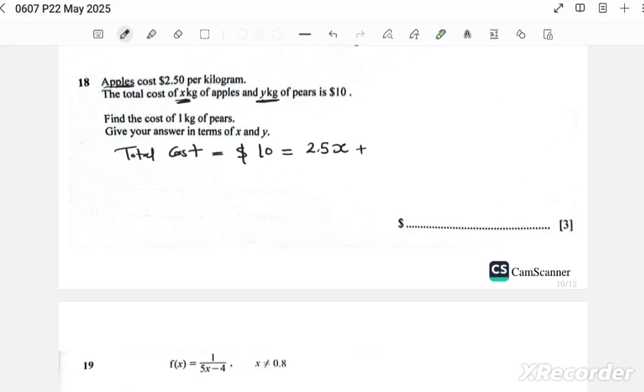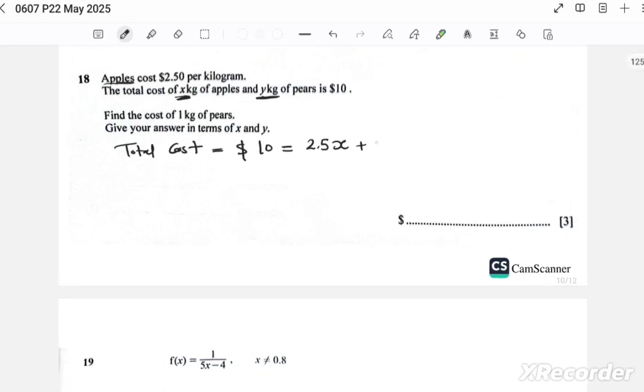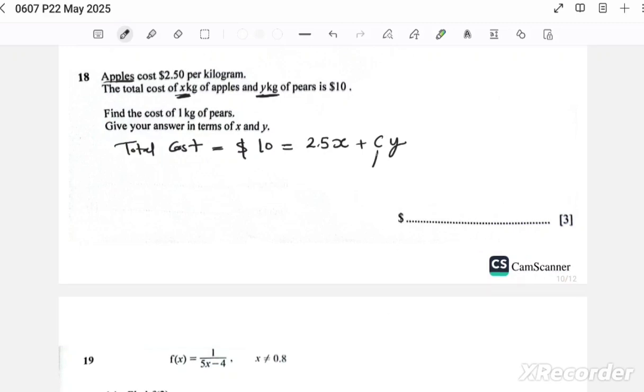So let's say the cost is C. So CY. So what is the question here? The question is to find the cost of 1 kilogram of pears, which is C. Like find C. So the question you can say in different words like make C subject.